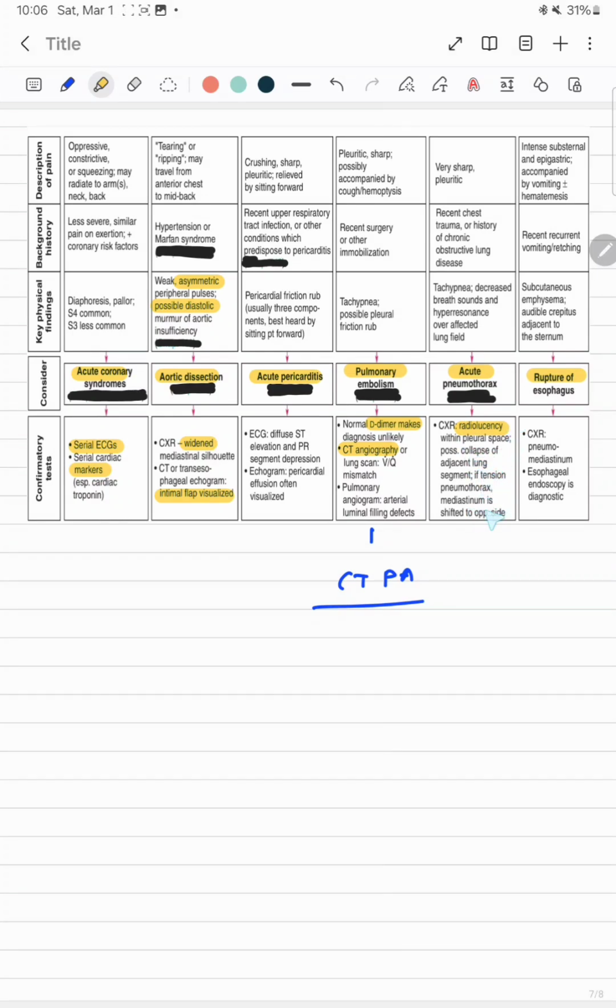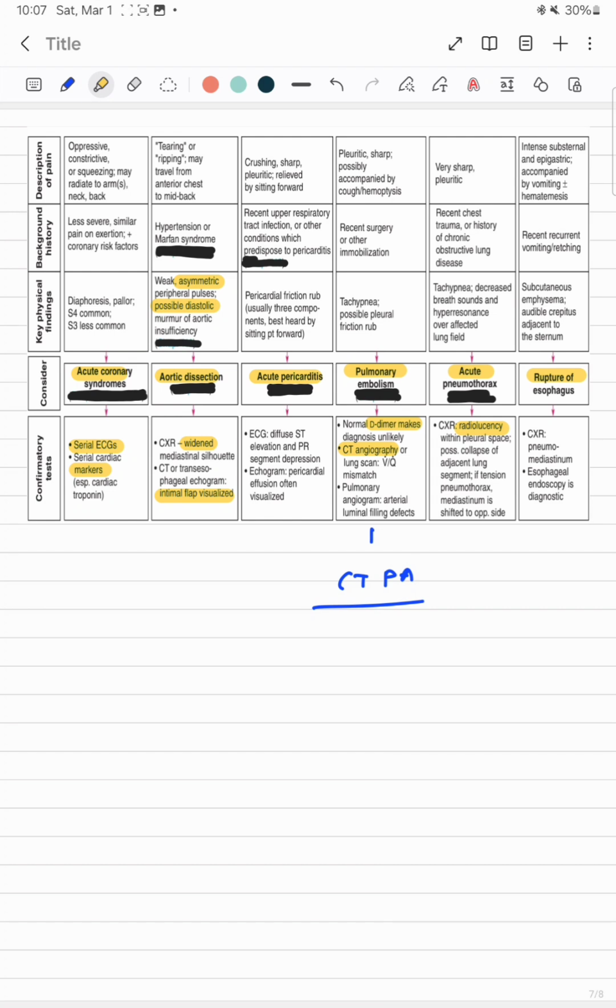If tension pneumothorax, the mediastinum is shifted to the opposite side. That is acute pneumothorax with very sharp pleuritic pain, sudden onset dyspnea, and history of chronic obstructive disease like COPD. Emphysema patients will get bulla rupture and present with acute pneumothorax. The patient will be tachypneic with decreased breath sounds on auscultation, and if you do percussion, hyperresonance over affected lung fields can be seen.